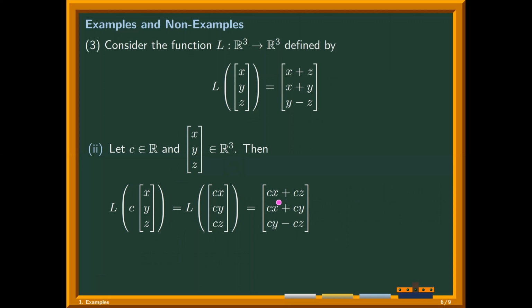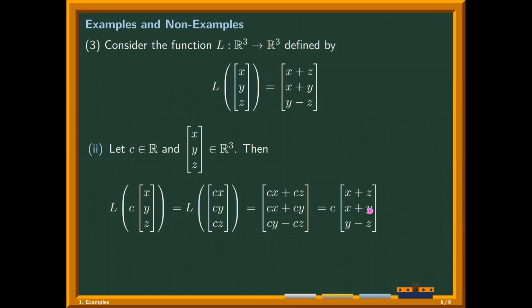But observe that in this vector, each term has a factor c. So we can factor out c and write this as the scalar multiple of the vector x plus z, x plus y, y minus z by scalar c. But this vector and the one in the definition of L are exactly the same.